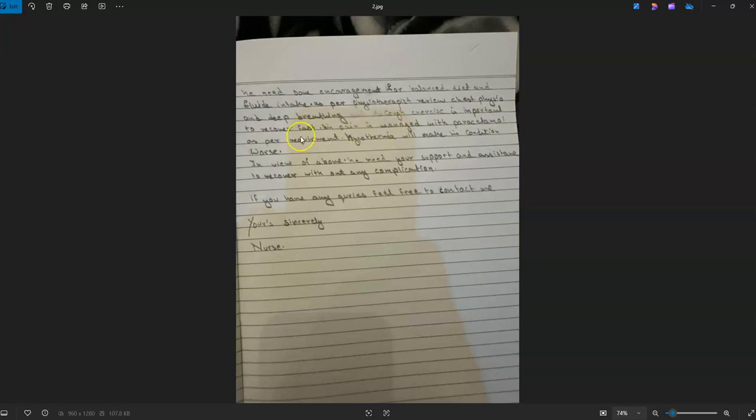Cough exercise is important to recover fast or quickly. His pain is managed with paracetamol as per requirement or as per required. Hypothermia will make his condition worse. Well, hypothermia will make anybody's condition worse. So you mean make sure that he doesn't get it, that he's kept warm. In view of the above, he needs third person ICU support and assistance to recover without any complications. Any queries, feel free to contact me.